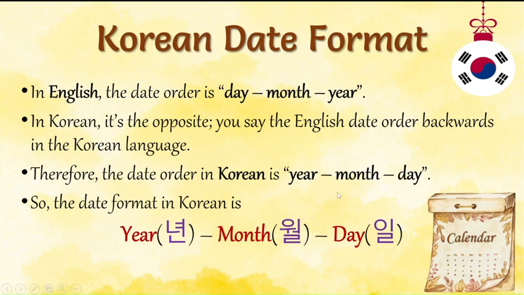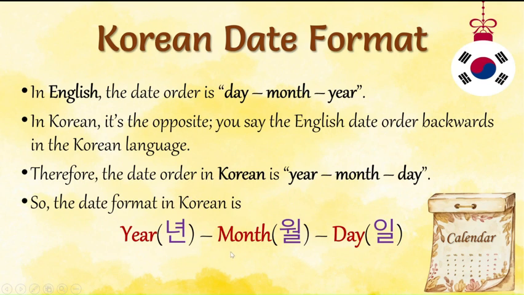Just remember, if you have to follow a kind of trick to remember the order, you know how to say the date in English, you just have to write it backwards and you'll be able to write the date in Korean. Now, this is the format for date. Year followed by the Korean word for year, that is nyeon.